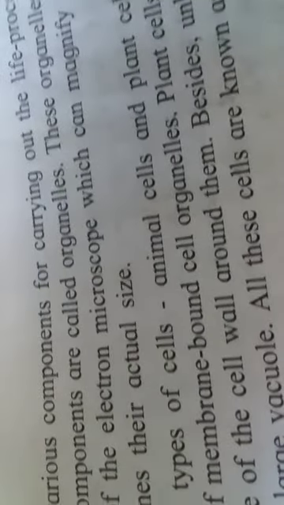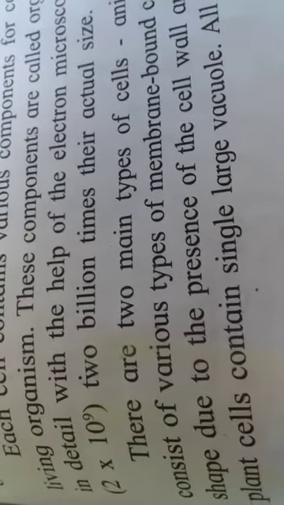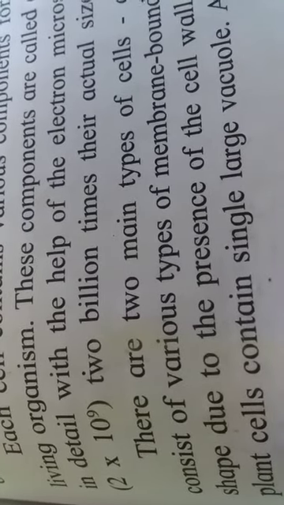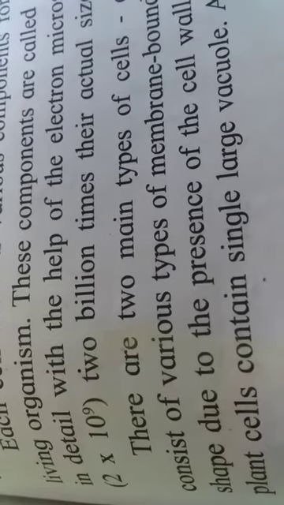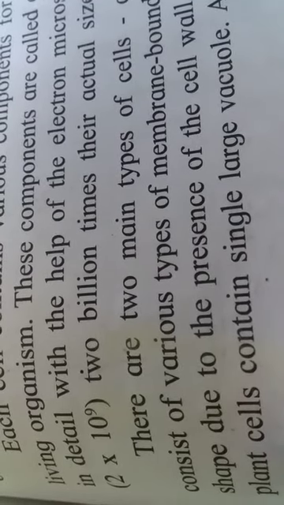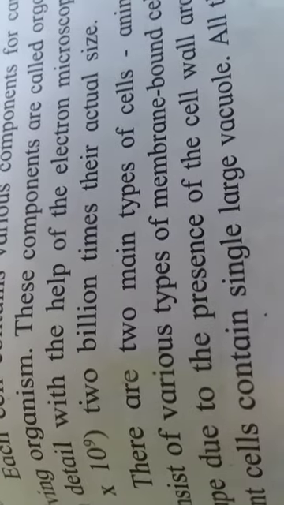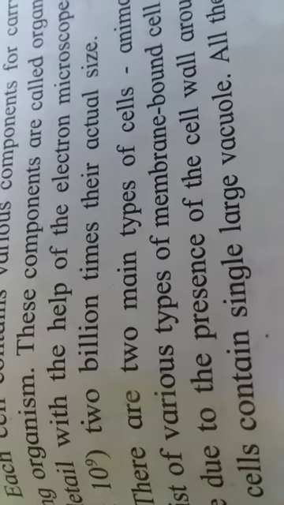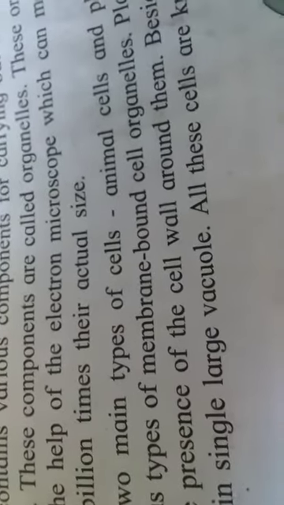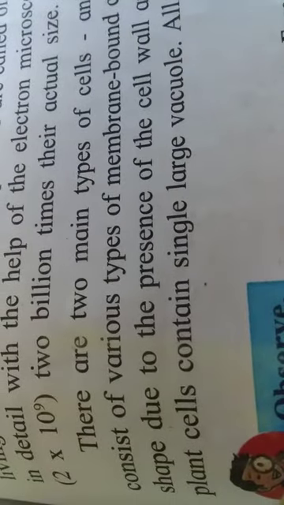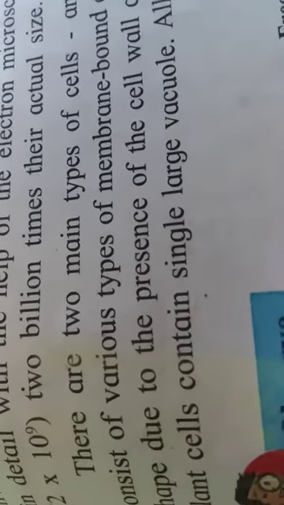See there, these organelles are studied in detail with the help of the electron microscope. Now suppose we want to study these organelles which are helping for the life processes within the cell, then we need an electron microscope which can magnify 2 billion times their actual size.